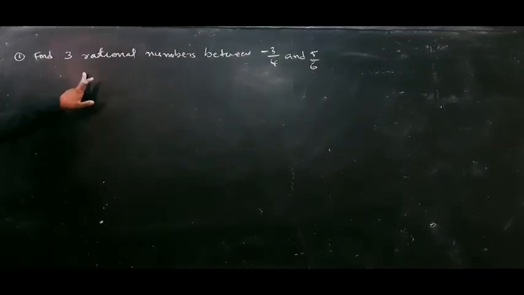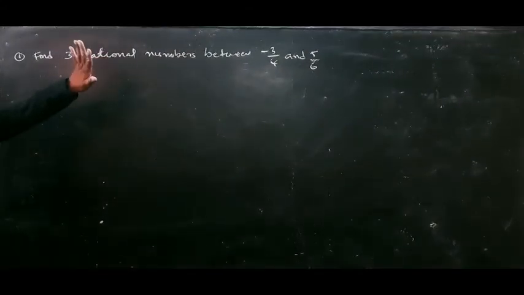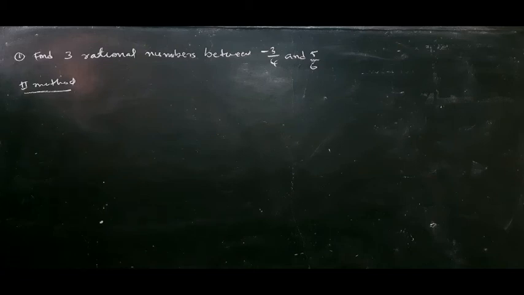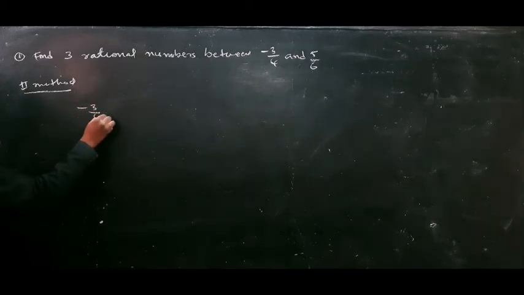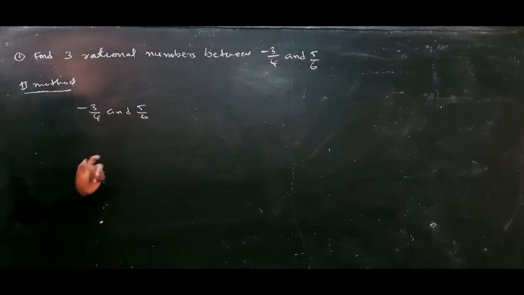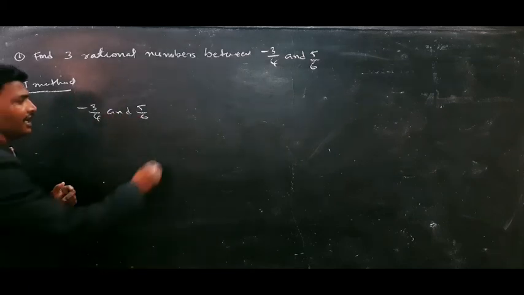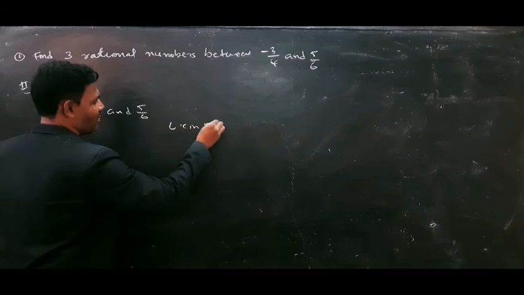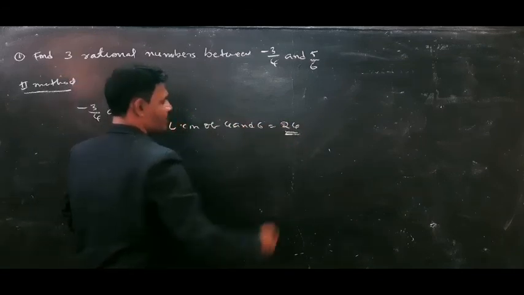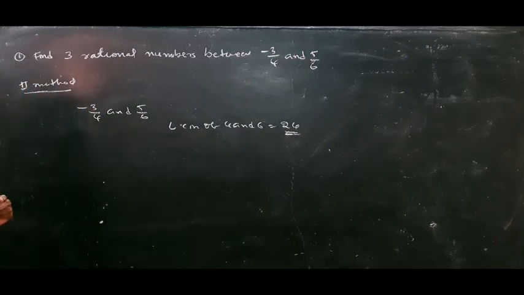Find the three rational numbers between minus 3 by 4 and 5 by 6, second method. So what is given here? Minus 3 by 4 and 5 by 6. Here what are the denominators? 4 and 6. The LCM of 4 and 6 is 24.